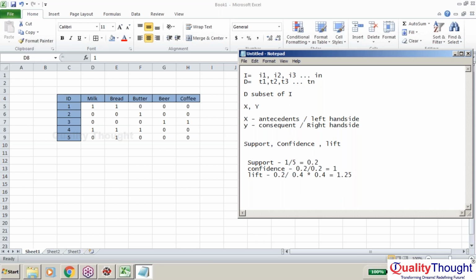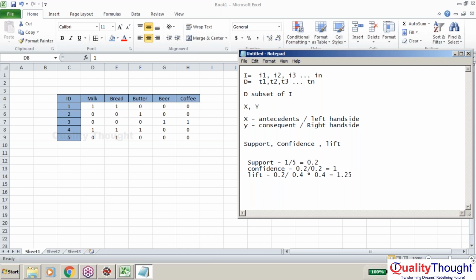If the lift is greater than 1, we can understand the degree to which these two occurrences are dependent on one another. If it is less than 1, they are substitutes for each other, meaning the presence of one item has a negative effect rather than a positive effect.